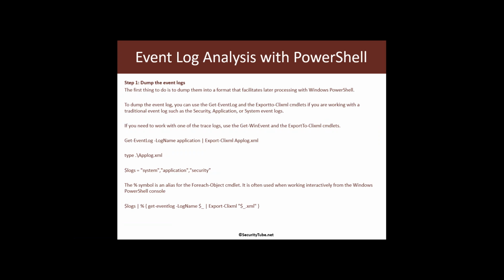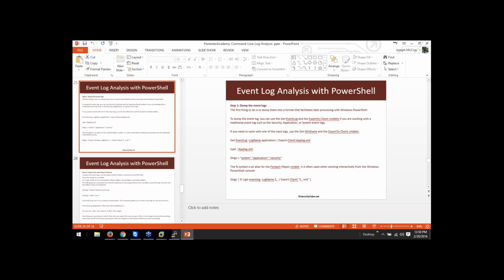So you just say Get-EventLog and then the log name, whether you want the application log, the system log, or the security log. Then you can pipe it to Export-CliXml. Really, really cool.